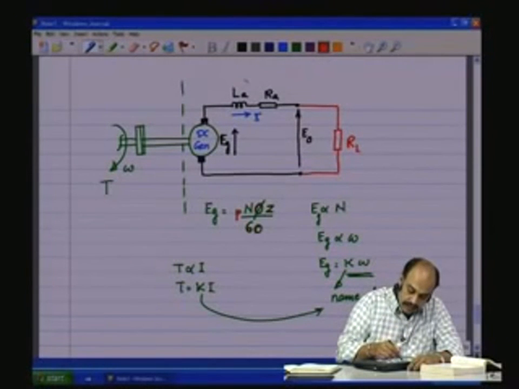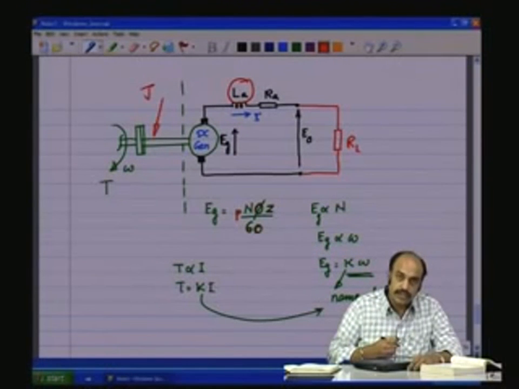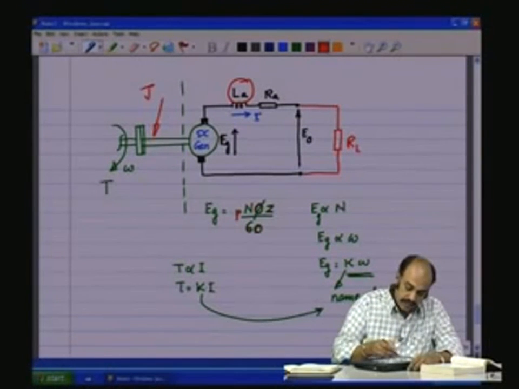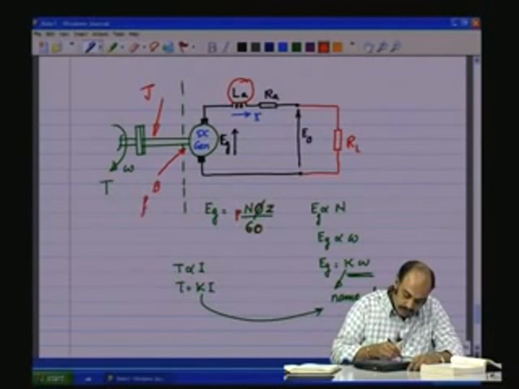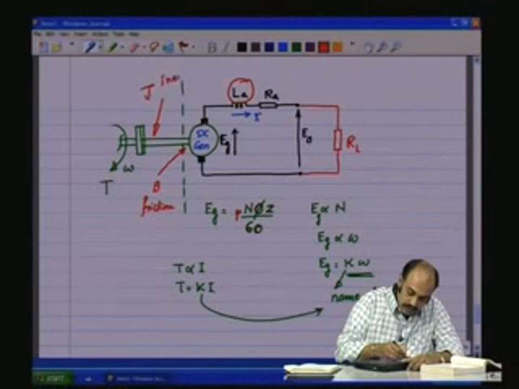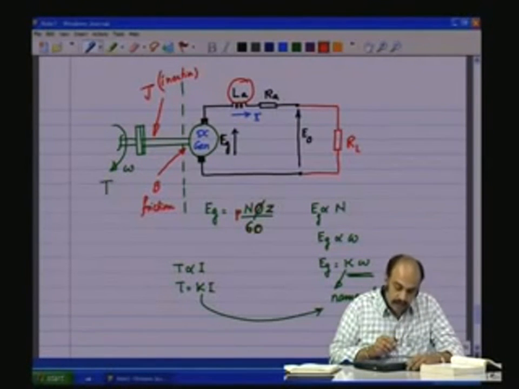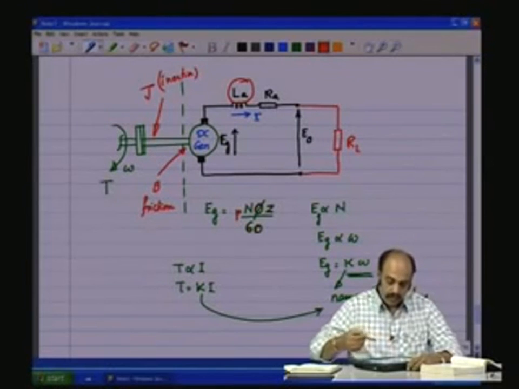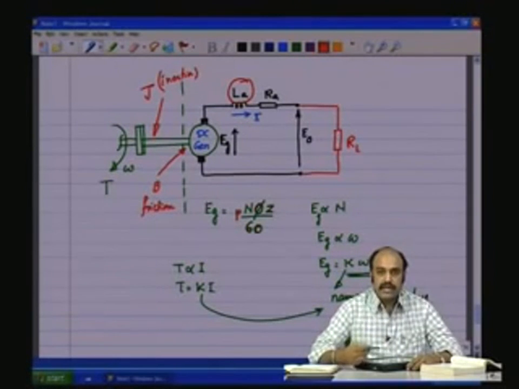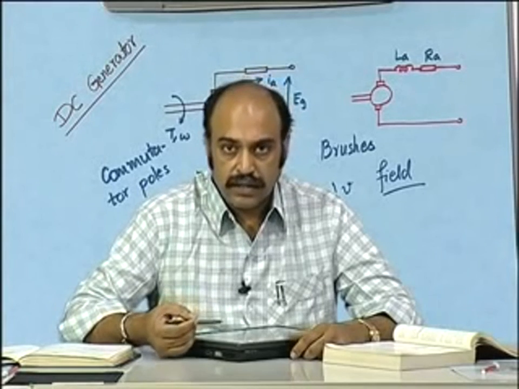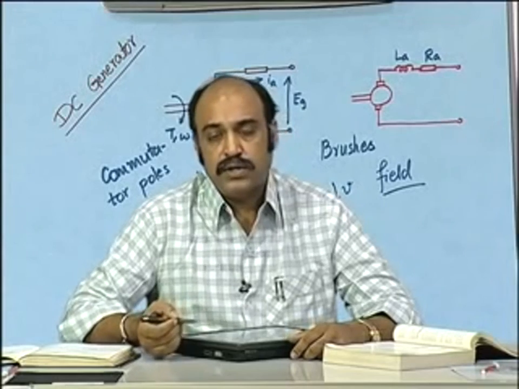One is LA, the other is the shaft, whatever the reflected inertia J. There is an RA, and there we could also take the friction B, the inertia. With these we can find the state equations for the DC machine. We will evolve the state equation for the DC generator in the next class, and then continue with the DC motor.